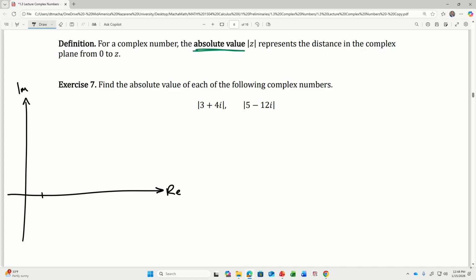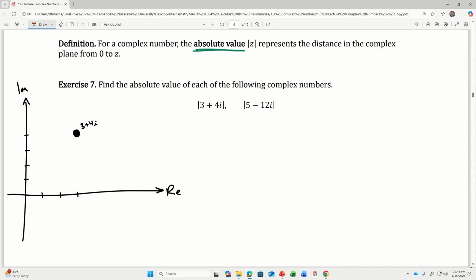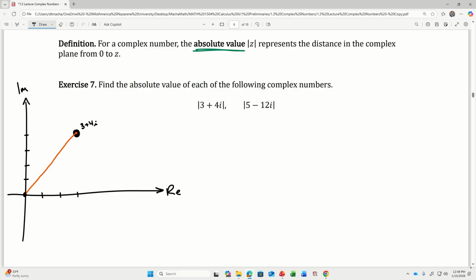So I need 1, 2, 3. 1, 2, 3, 4. That's the point. What is the distance in the plane from 0 to 3 plus 4i? Remember, the point where the axes intersect, that's 0. So how far is it from 0 to 3 plus 4i?